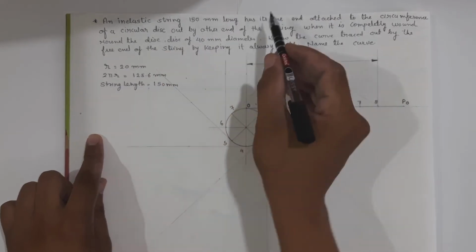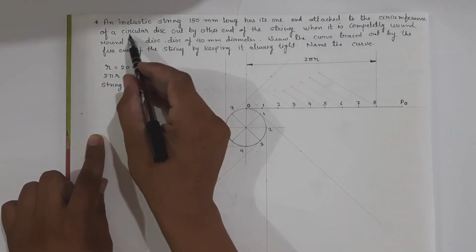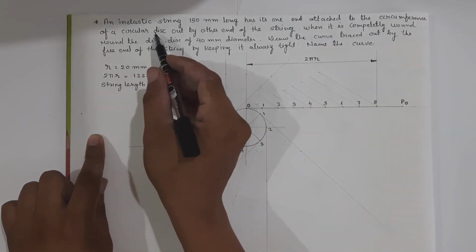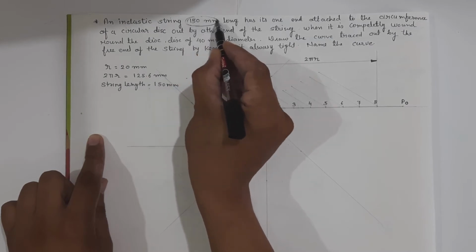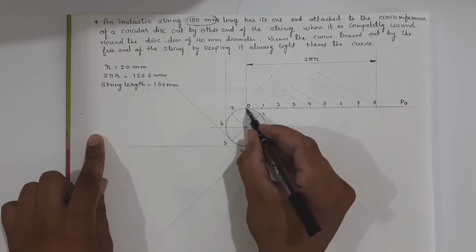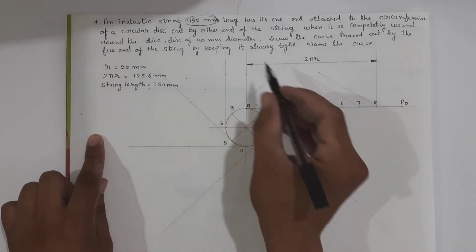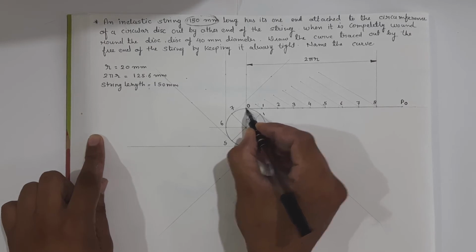150 mm long has its one end attached to the circumference of the circular disc. So we have to take a string of 150 mm length, and we have to attach the string on the circumference of the circle, or one end of the string is attached to the circumference of the circle over here.